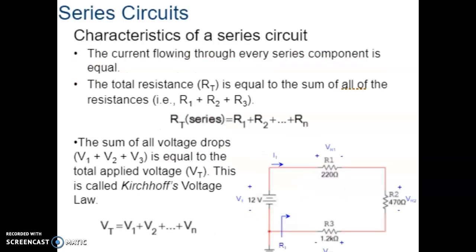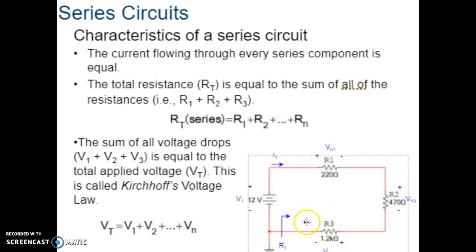Alright, so using Kirchhoff's voltage law, we've got a series circuit. It's got a 12 volt battery, so a car battery. And what we have here is 220 ohms of resistance, 470 ohms of resistance, and then 1.2 kiloohms of resistance.